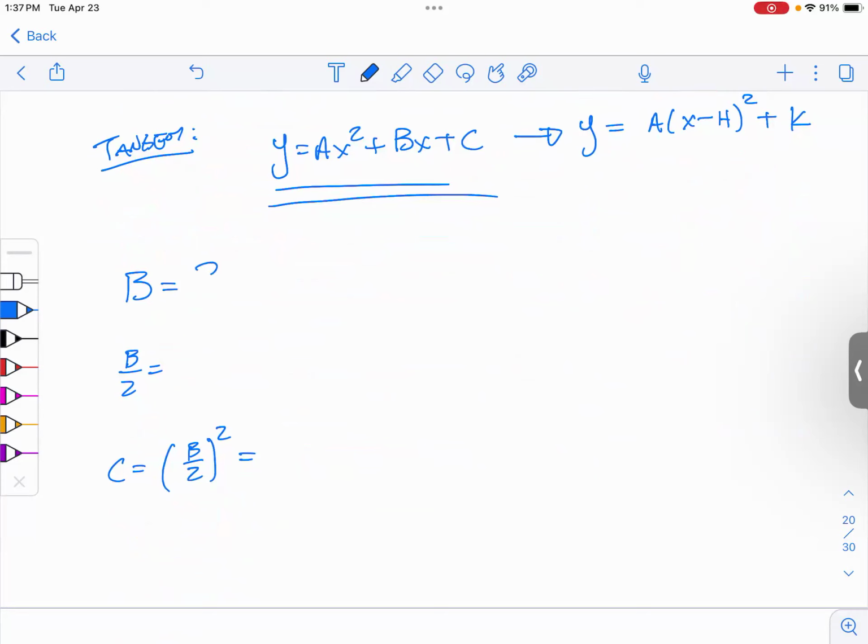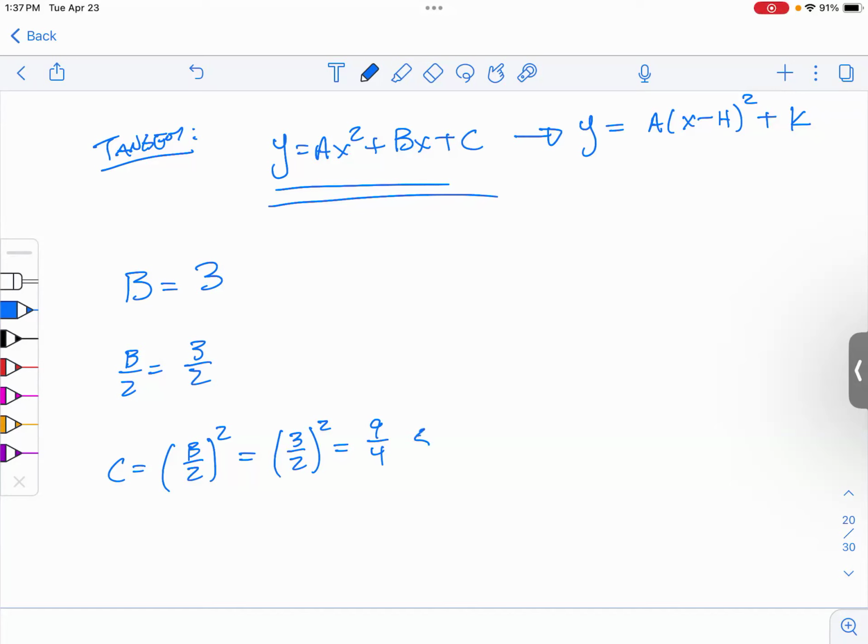So b is 3, b over 2 is 3 over 2, then b over 2 squared is 9 over 4. So we identify b over 2, and c.